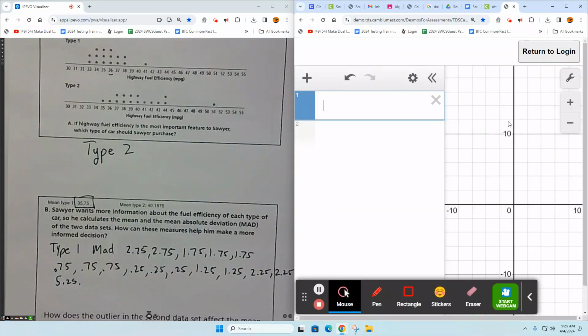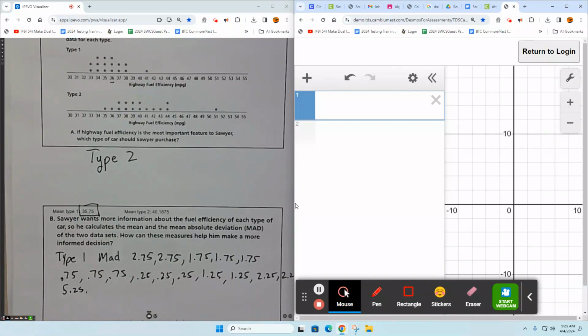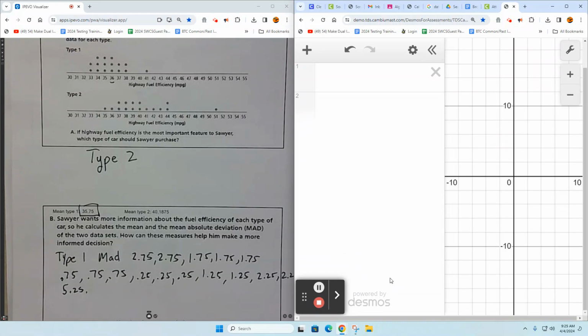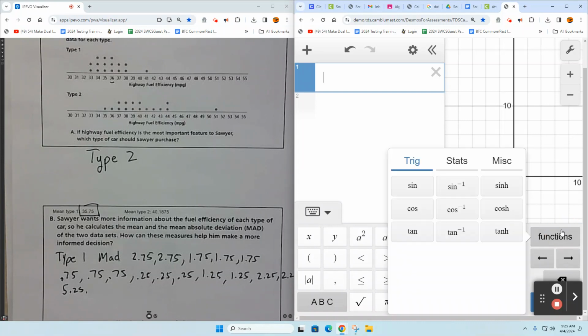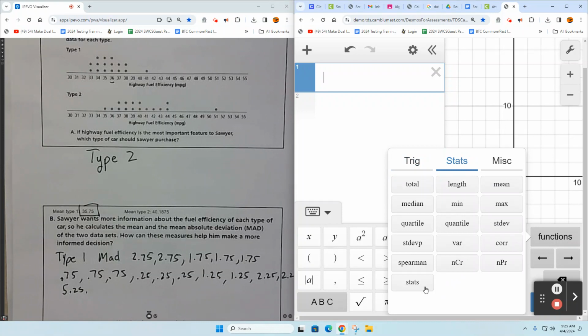So what I'm going to do is find the average, but I'm going to let Desmos do it for me. This is kind of cool. If I go down here and hit the function button, we're doing statistics, and I hit statistics. It's going to find all of these things for me.